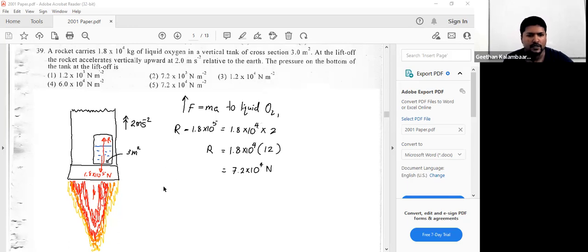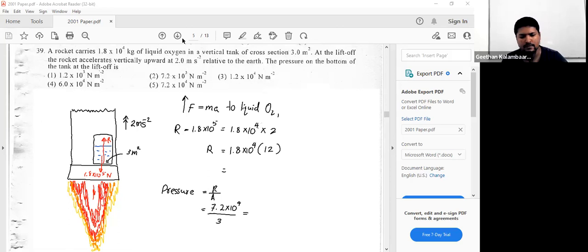And in order to find pressure, we have to divide the force by the area. So the force is 7.2 acting on the surface as well, and area is 3. So what you get is, oh, this is not 7.2. There was a small mistake. This value is not 7.2.